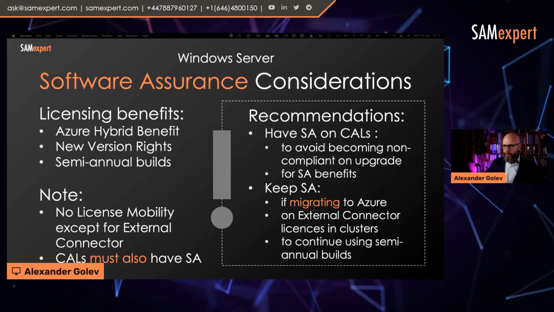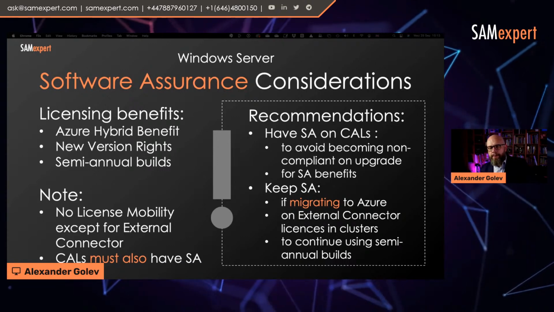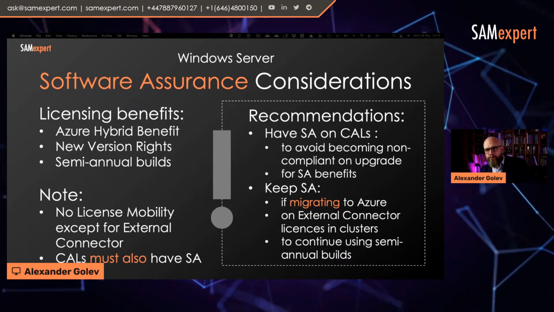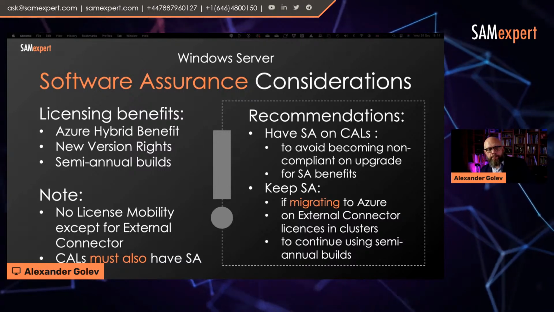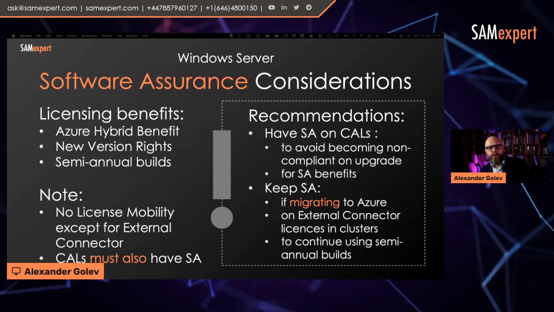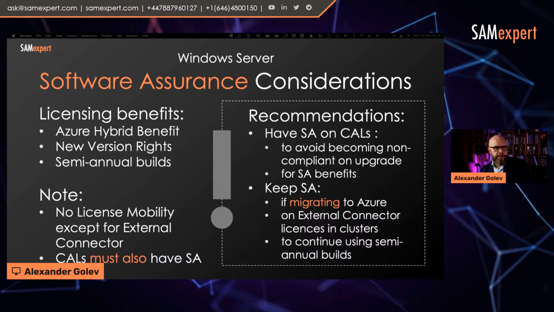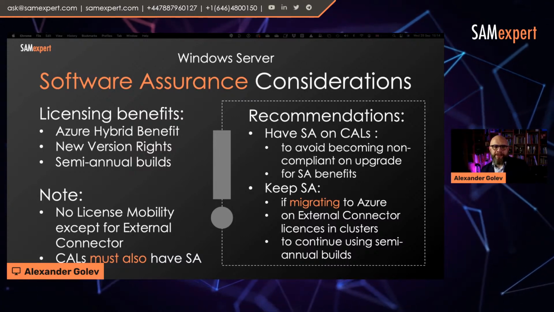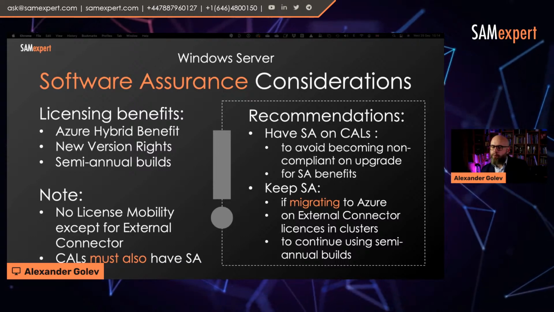Many headaches go away. Keep software assurance on Windows Server licenses if you are migrating to Azure, because it's cheaper to renew software assurance on an existing license than to pay pay-as-you-go rates in Azure. It's a no-brainer.